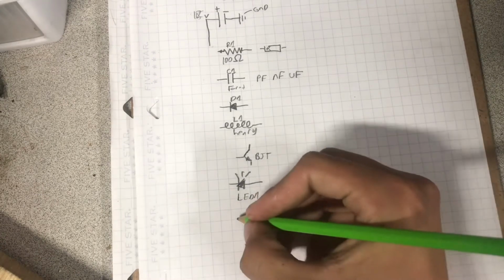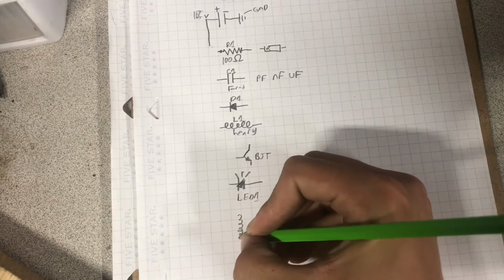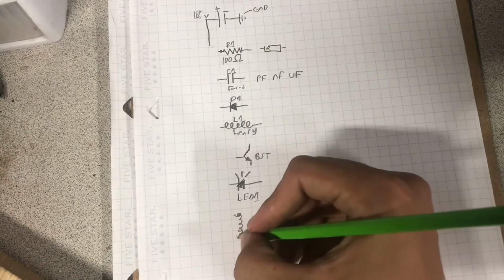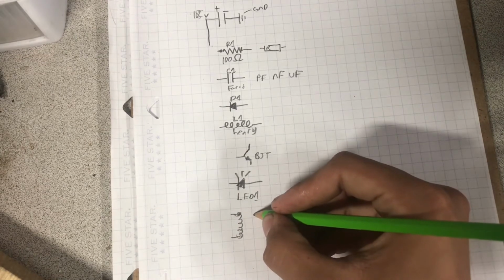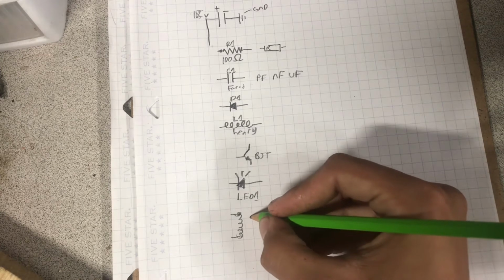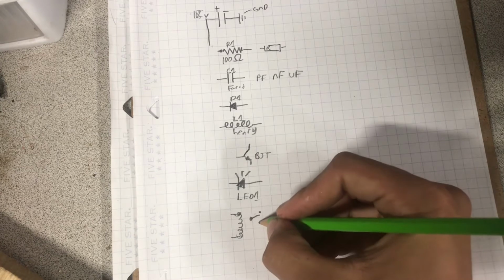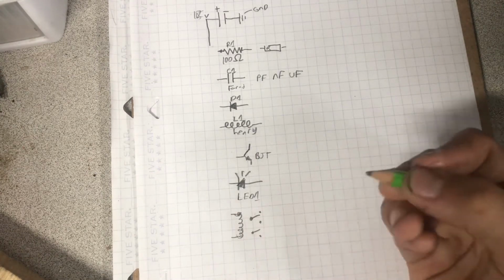Oh, one of my favorites that I use all the time. This consists of a coil, and then we have, what's the best way to draw this? A common terminal, and I'll just draw this as what I usually use.